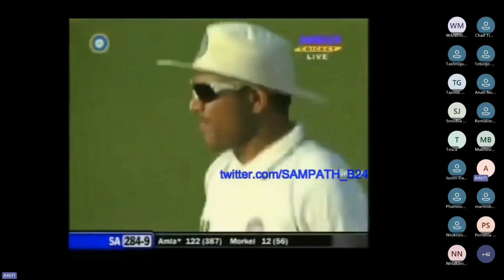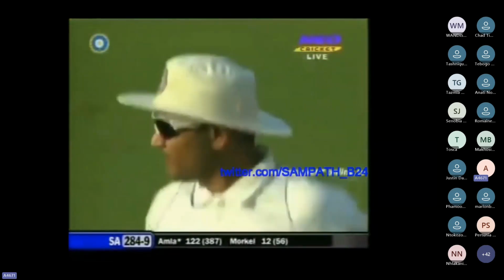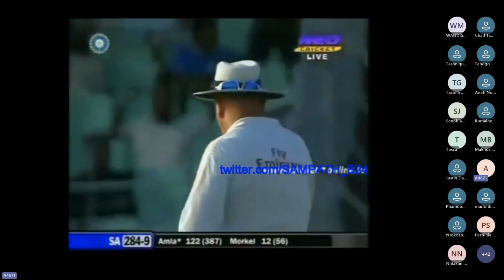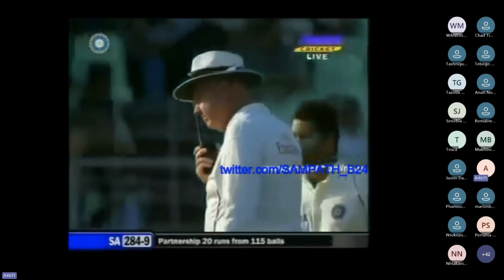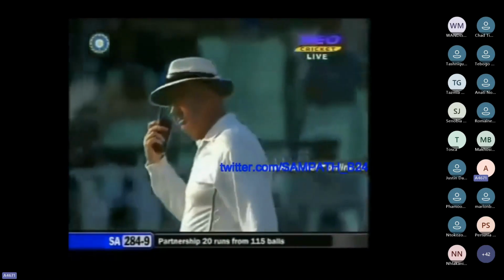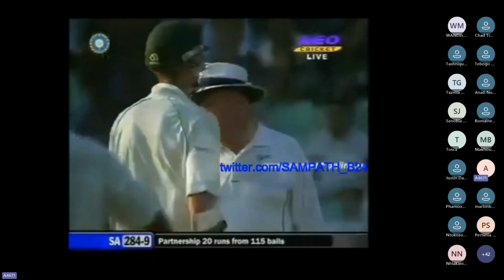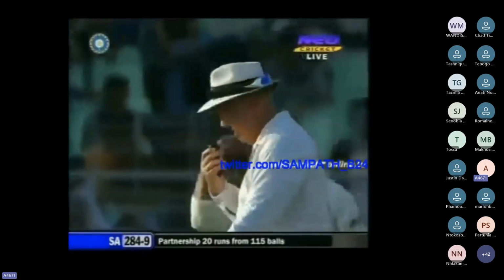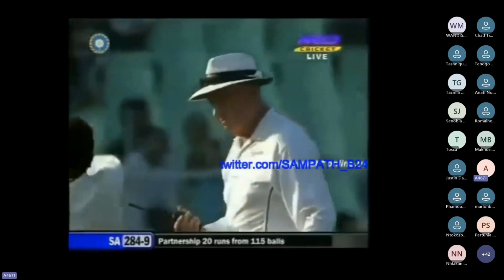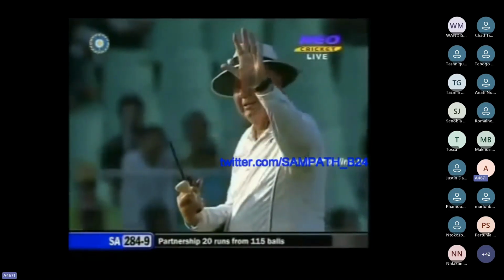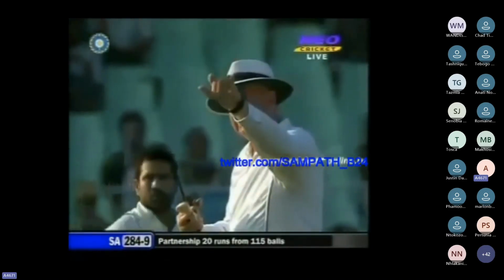The umpire probably communicated to by the 3rd umpire. There we can see them communicating. The TV umpire noticed that the ball was kicked over the boundary by Virender Sehwag, which is a deliberate act, or as the law mentions, a willful act.